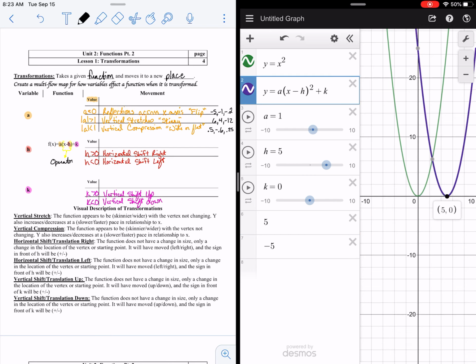That's the most important part of doing transformations. We'll cover this tomorrow. But so I get 5, 0. So what's my H value here? Well, it's not negative 5, because if I plug this in here, it would be x minus 5. Negative 5, if I plug in here, will make it x plus 5. So again, just choose the opposite of what you think.